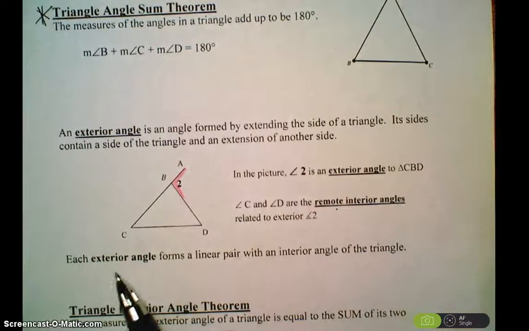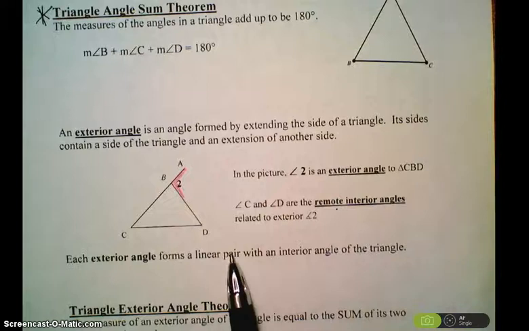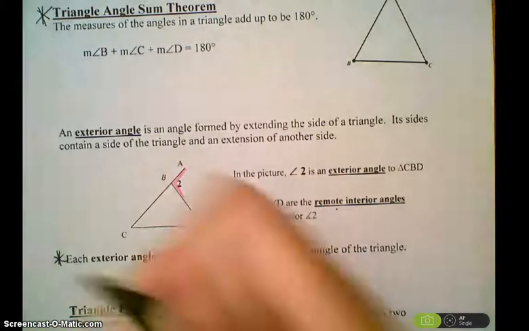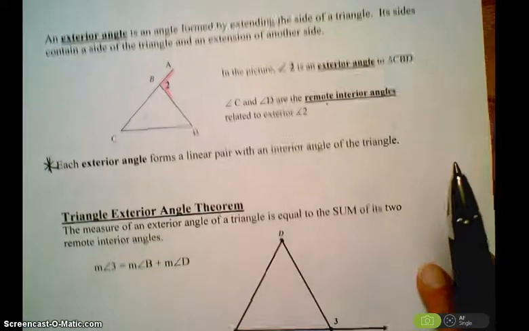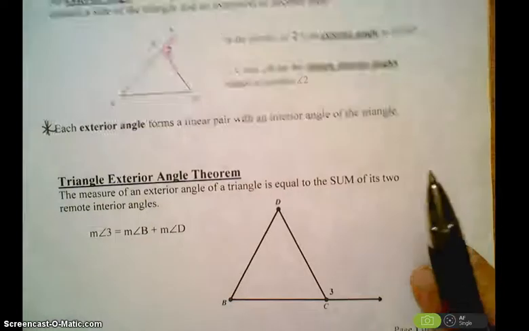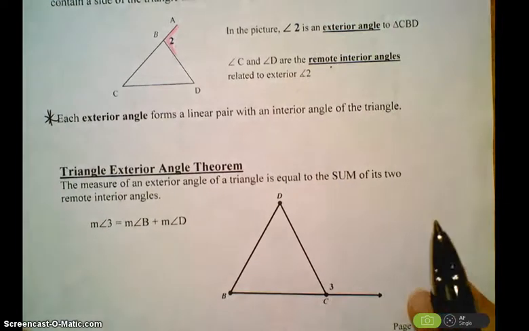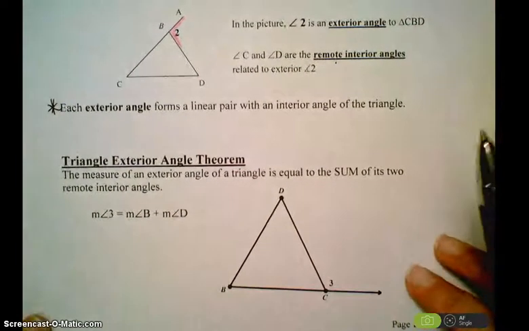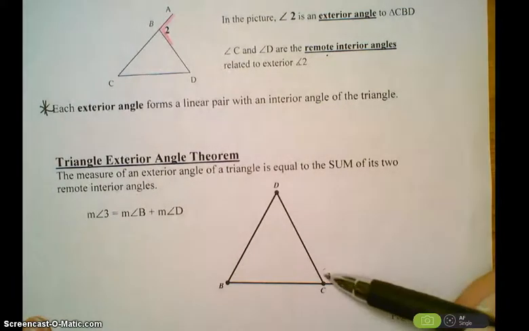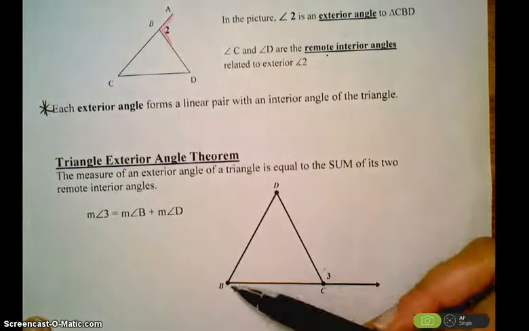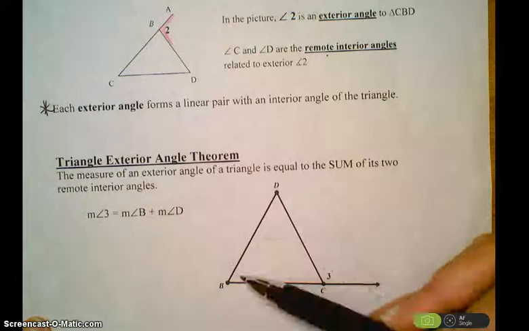Okay? Each exterior angle forms a linear pair with an interior angle of the triangle, and we know linear pairs are supplementary, so that's an important bit of information. Then at the bottom of the page, you'll see the triangle exterior angle theorem. What that theorem says is anytime you have an exterior angle on a triangle, it's equal to the sum of its two remote interiors.